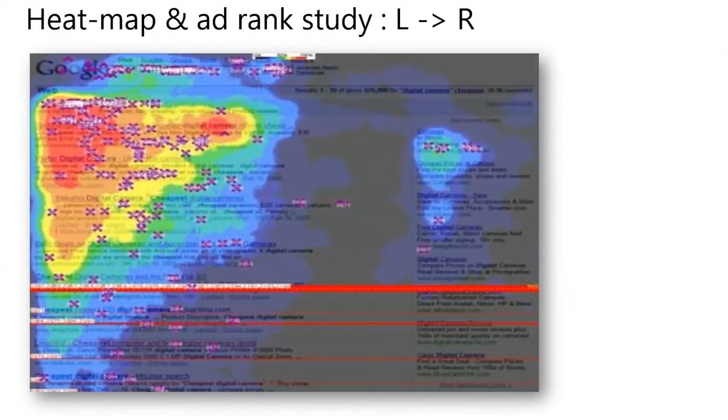According to a study conducted by Google and Bing from Microsoft, they realized that most people view a page from left to right and tend to click on the top of the search results. What does this mean from a marketing perspective?